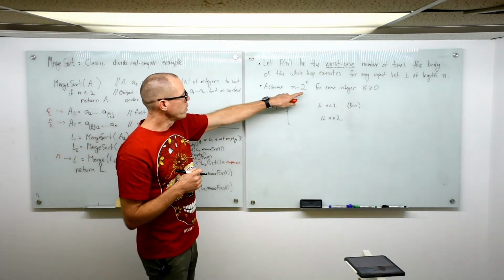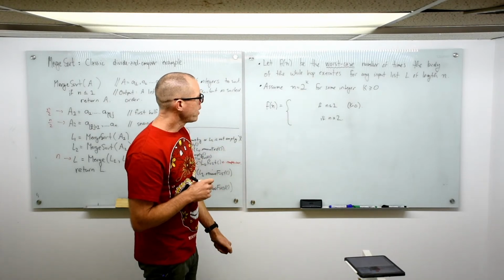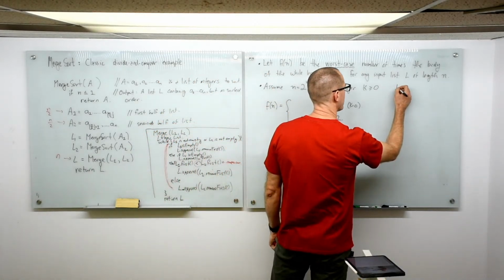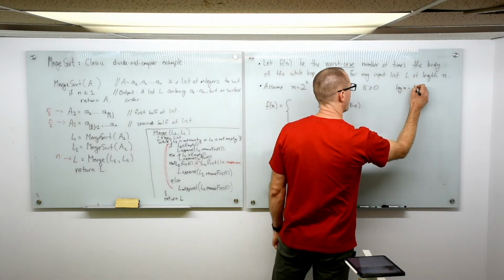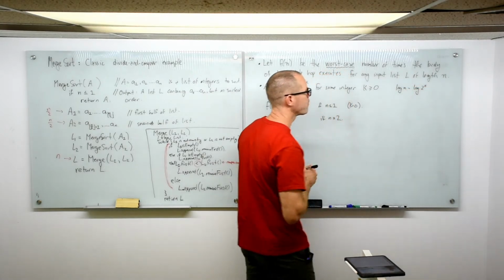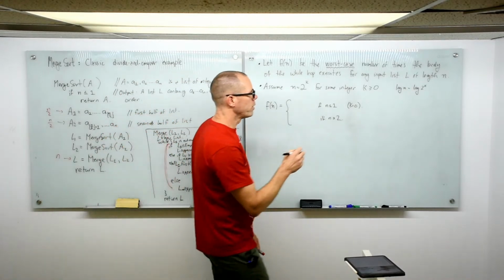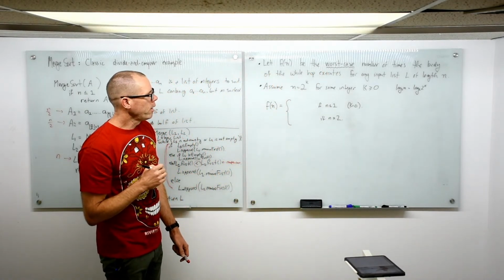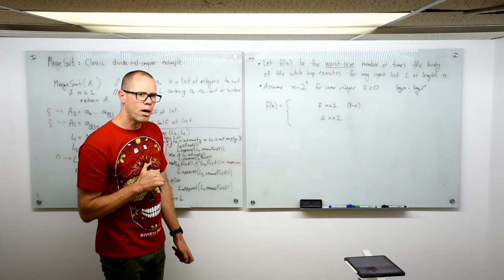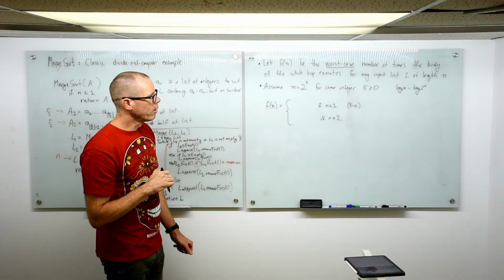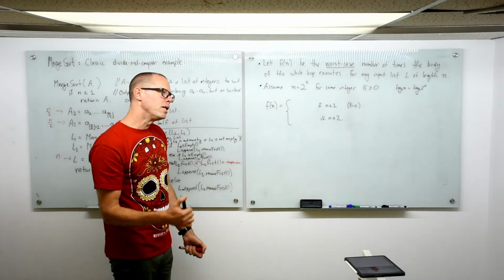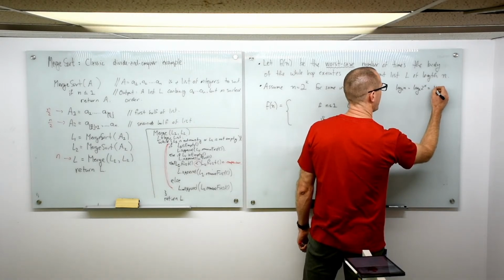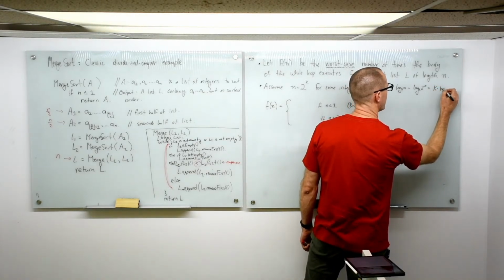If n equals 2 to the k, I can take the logarithm of both sides, so log of n is equal to log of 2 to the k, and this is really logarithm base 2. If you remember your rules for logarithms, the log of a to the power b is b times the log of a, so this is k times log base 2 of 2.